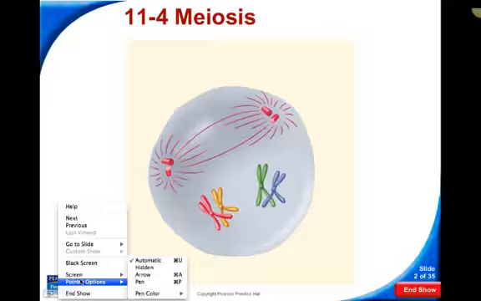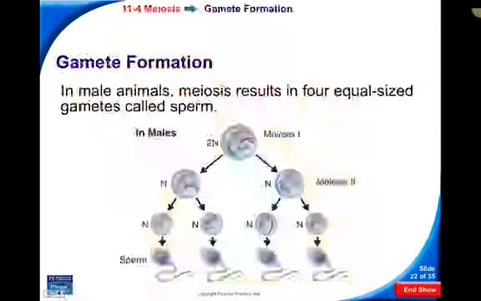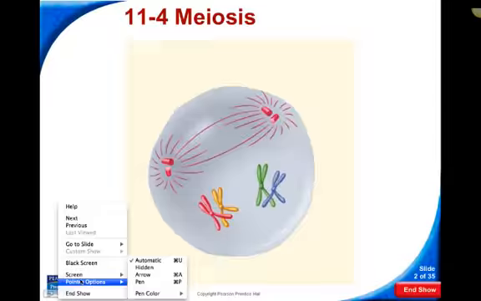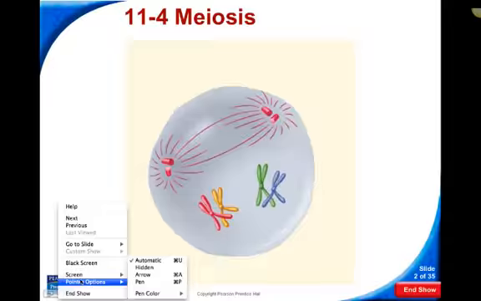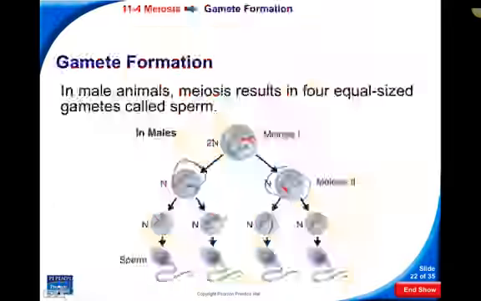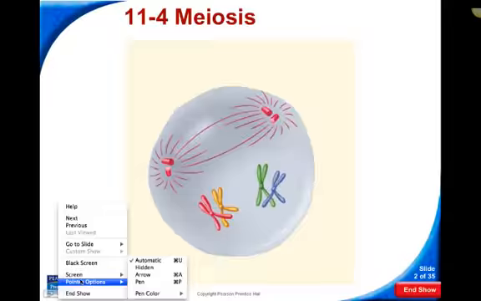Remember they crossed over, we ended up with half of the genetic material going to each one, and then those 2 sister chromatids split, and we ended up with 1 chromatid of each at the end of meiosis 2. And those 4 cells are now what is used to produce sperm in a male animal.